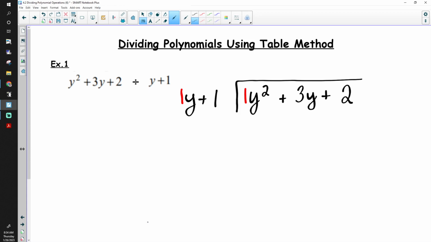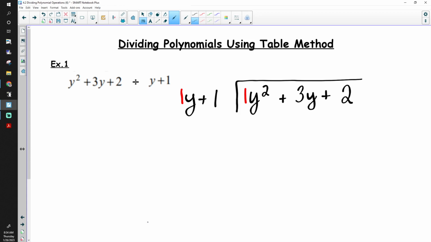So same thing here. 1y plus 1 has 2 terms, and you can't fit 2 terms into 1 term. You can't fit a 1y plus 1 into just 1y squared. Okay? So we have to look at the first 2 terms. We're trying to figure out how many times can 1y plus 1 fit into 1y squared plus 3y.